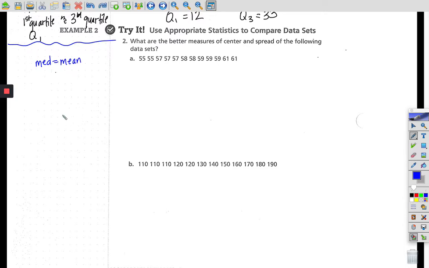It would be a bell curve that looks something like this. Your median and mean have to be equivalent. And the data they only want from that is your mean, which is your center, and the standard deviation, which is your spread.